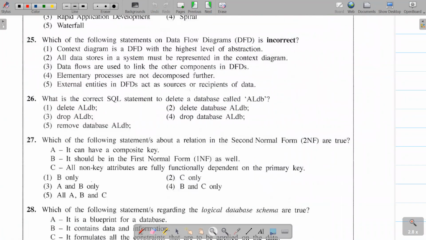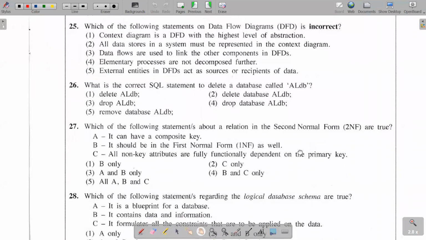In 25th, what they have said is, which of the following statements on data flow diagram is incorrect? Context diagram is a DFD with the highest level of abstraction. Yes, that is correct. All data stores in a system must be represented in the context diagram. That's the clear incorrect answer.